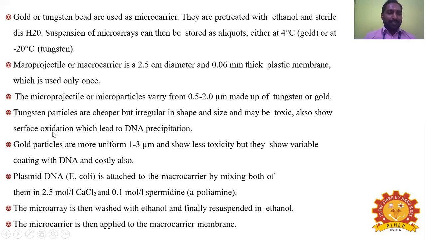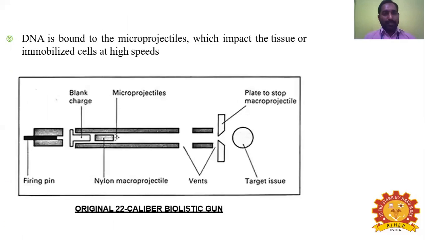These chemicals enable the plasmids and the gold particles to have much more interaction among them. And the microcarrier particles that remain unintegrated will be washed with ethanol, and finally resuspended in ethanol. This microcarrier is then applied to the microcarrier membrane.